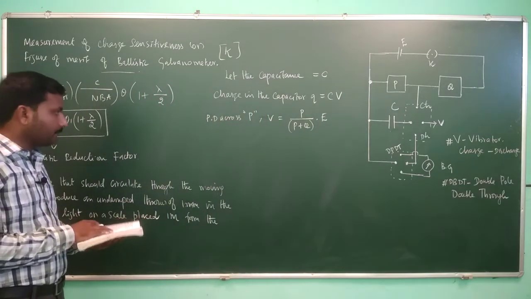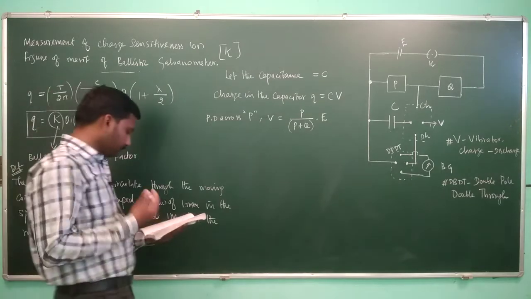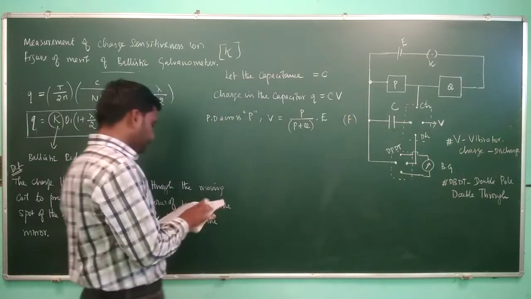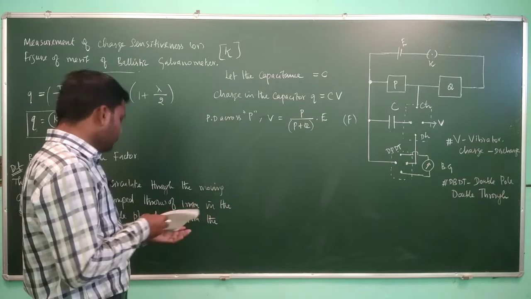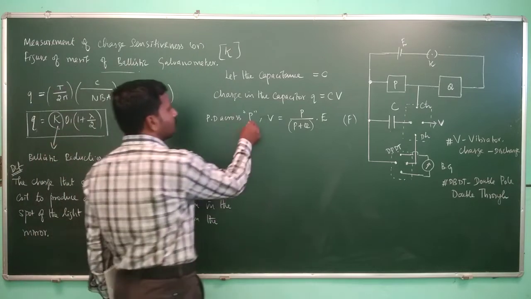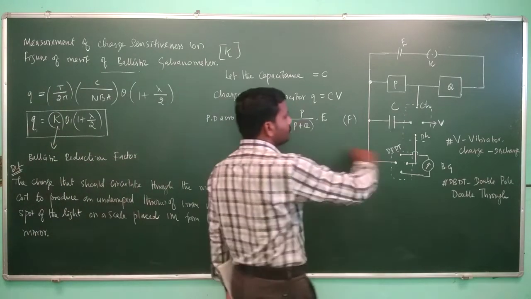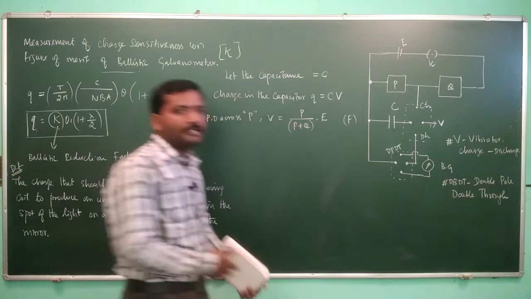Charge in the capacitor is measured in farad. Fine. And now this charge will produce a throw in the ballistic galvanometer.